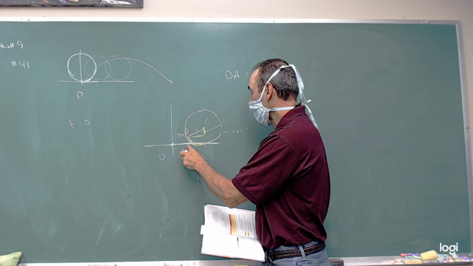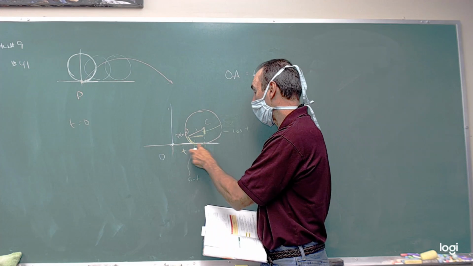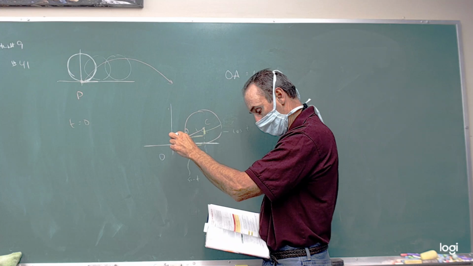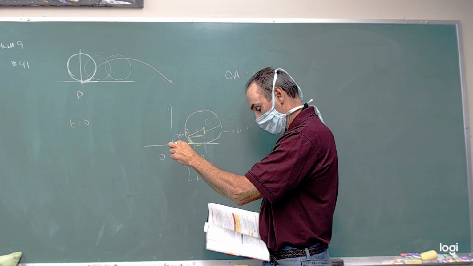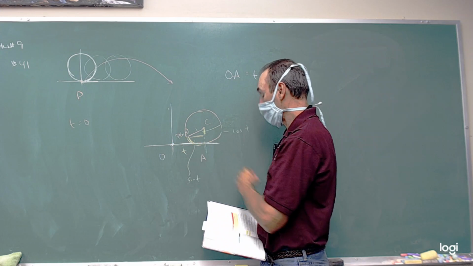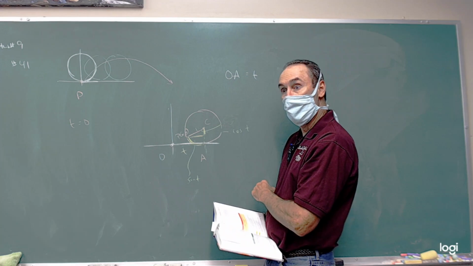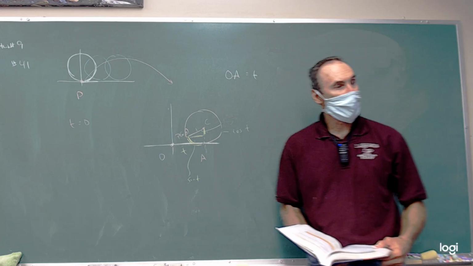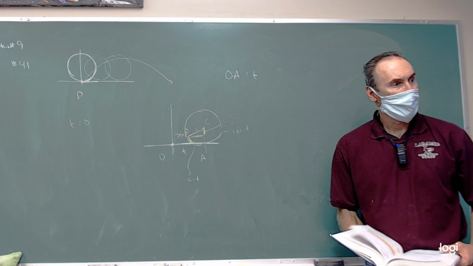So this distance that's gone this way for t is going to be that distance where we started. So that's going to be the same as that distance there. Like if you backed it back up, you would come right back to where we started. Does that make sense or no?